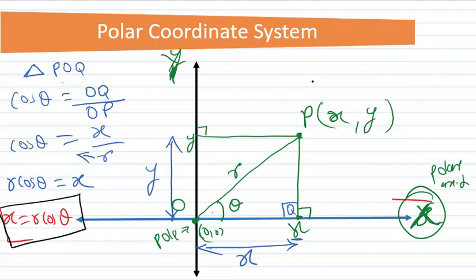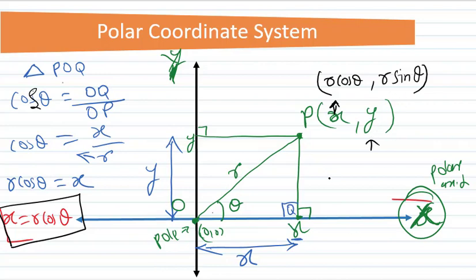So in the polar coordinate system, I can write x as r cos theta. And y I can write as r sin theta. You just need to apply sin theta in triangle POQ. Similarly, the way I applied cos theta, the same way you have to apply sin theta.